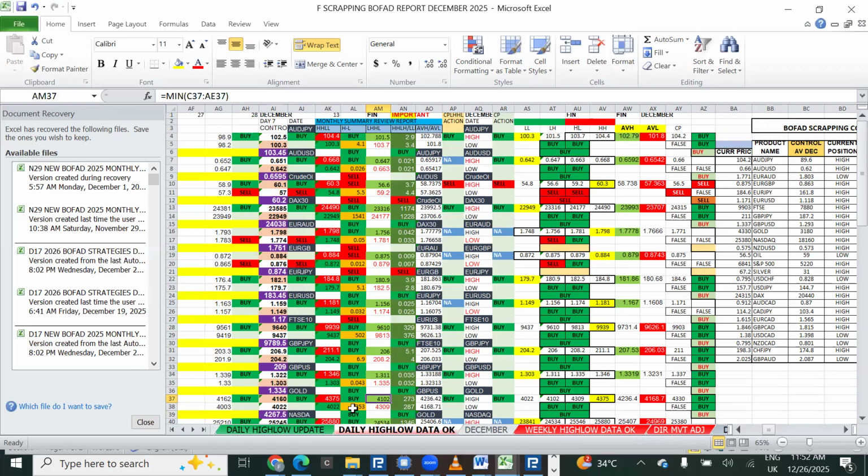If you had bought there, even despite the fact that it's still giving us 4309, you would have made a lot of profit from 4102 even before it gets to 4309. Okay, so that is how this column HHLL and LHHL works.